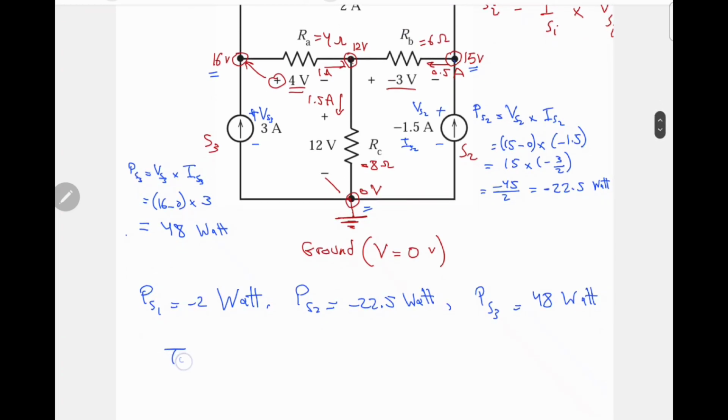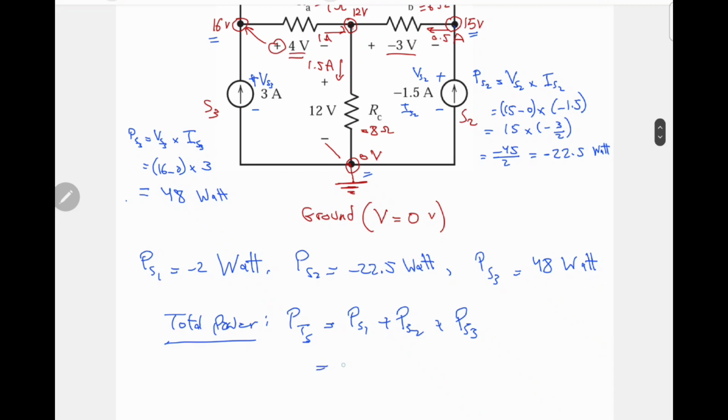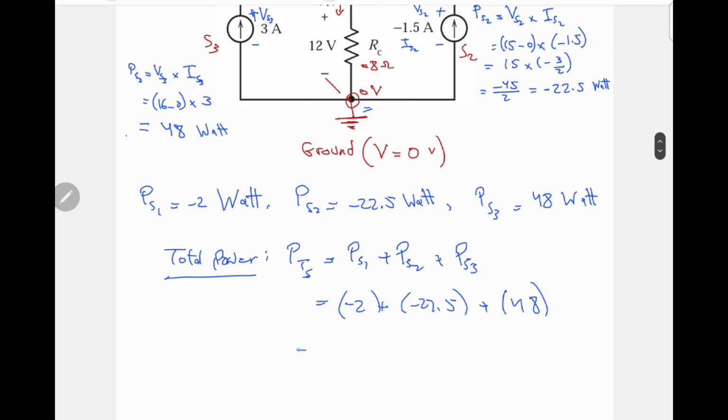So the total power delivered by the sources is PS1 plus PS2 plus PS3, and the sum is minus 2 plus minus 22.5 plus 48, and the answer is equal to 23.5 watt.